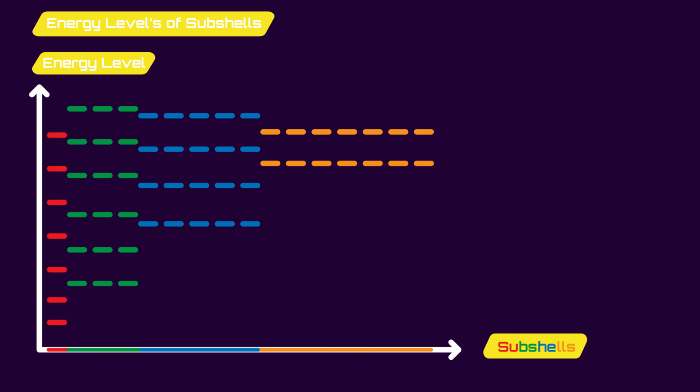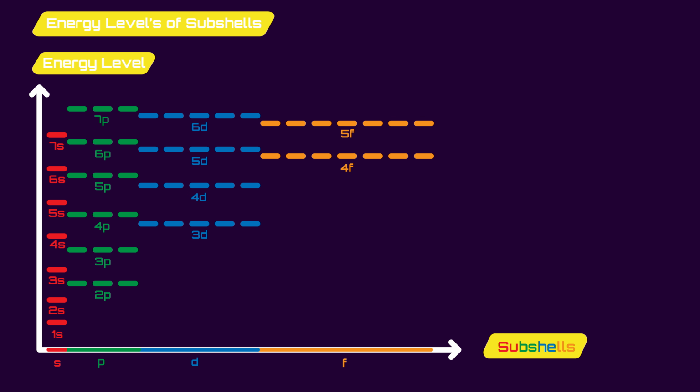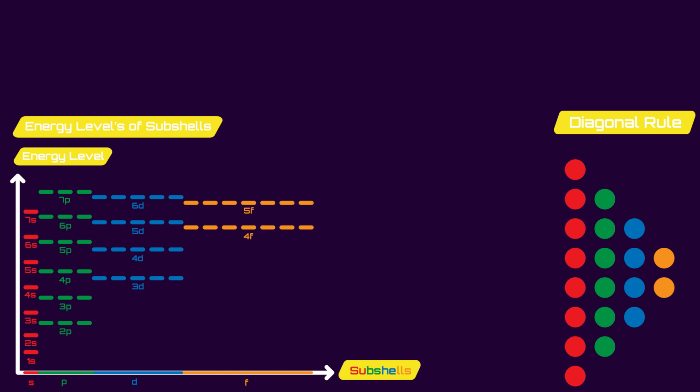The energy state of some subshells from different shells may be lower than others. For example, the s subshell of the fourth shell has a lower energy level than the d subshell of the third shell. To not memorize these kinds of exceptions, the diagonal rule is a logical map that helps us while distributing electrons.